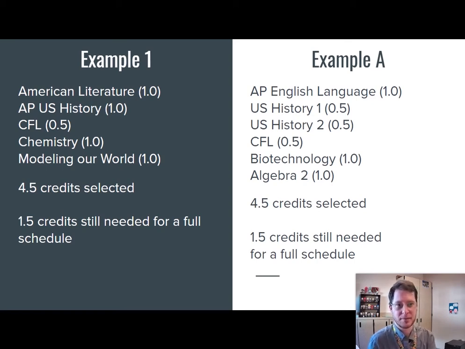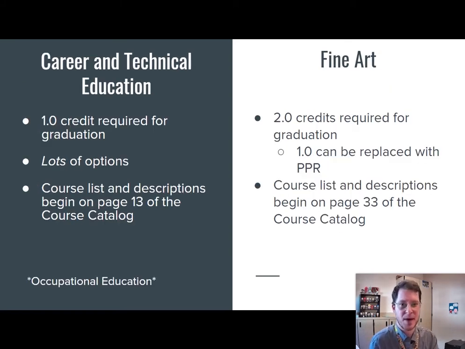So what might you pick? Well, here are some things to keep in mind. Career and technical education. You might also hear that called CTE, or occupational education, or just OCC-Ed. Those all pretty much mean the same thing, and there's 1 credit required for graduation. Lots and lots of options. You can find them starting on page 13 in the course catalog.